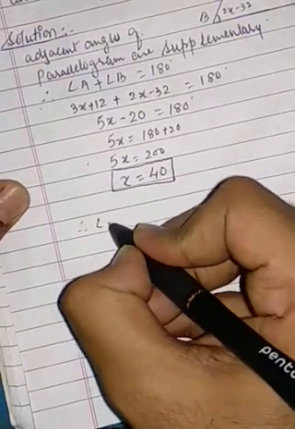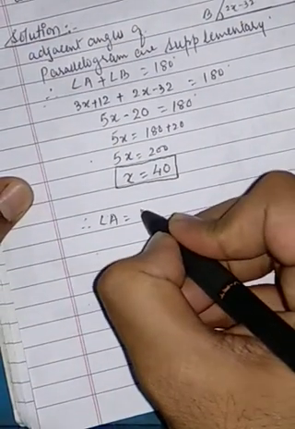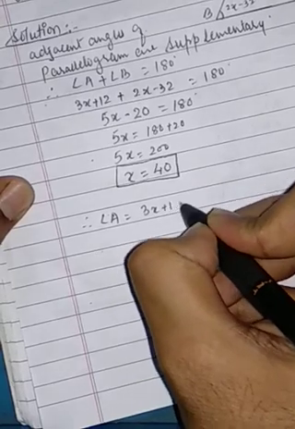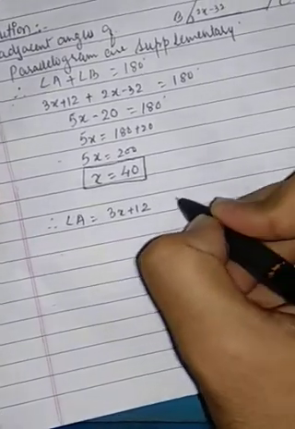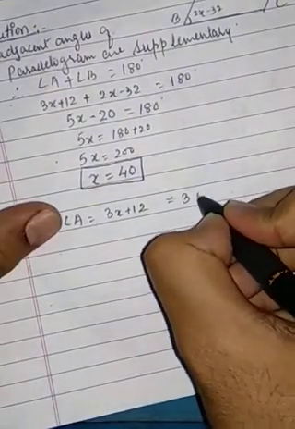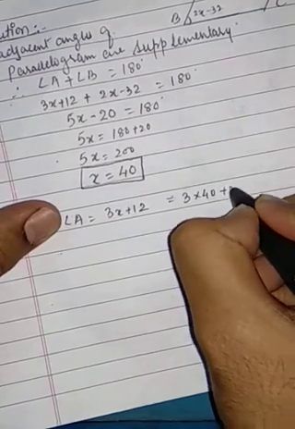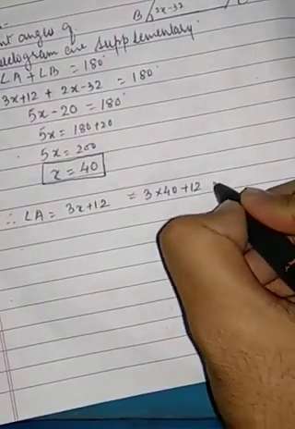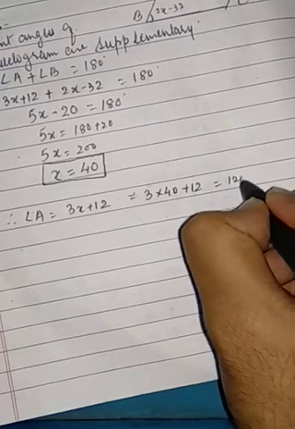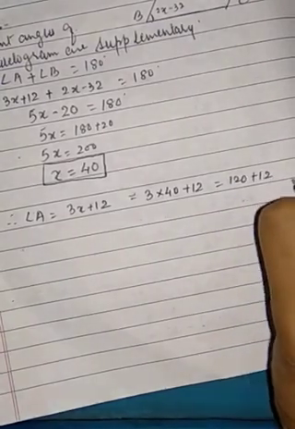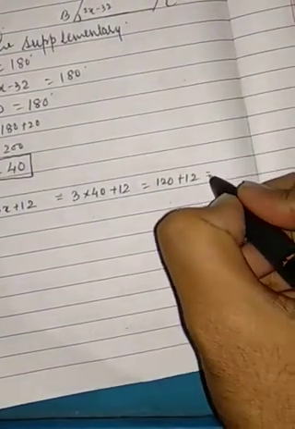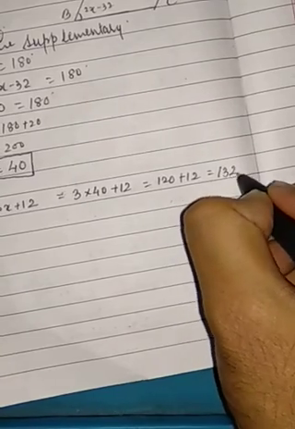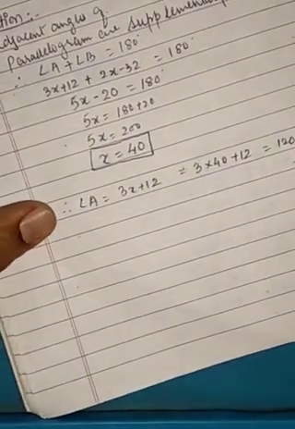Now you can write here angle A is equal to 3x plus 12. That is 3 multiplied by 40 plus 12, that is 120 plus 12. So you get here 132 degrees.